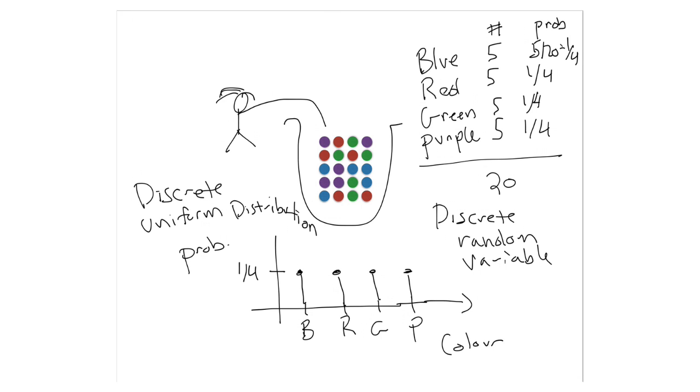Now suppose that I eat all the red candies and replace the 5 red candies with 5 green candies. So I've eaten all the red candies, so I don't have any more red candies, and I replace them with 5 more green candies.